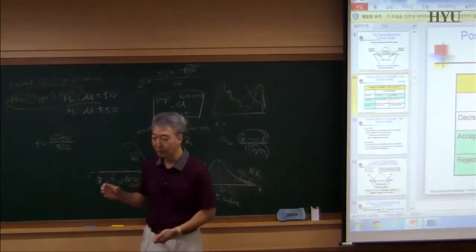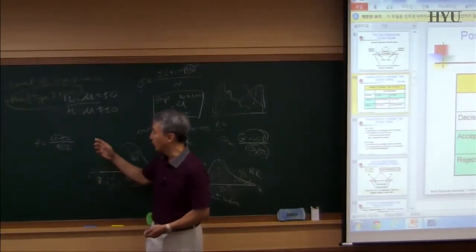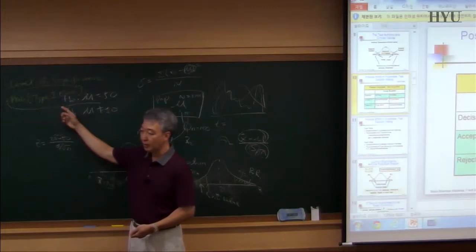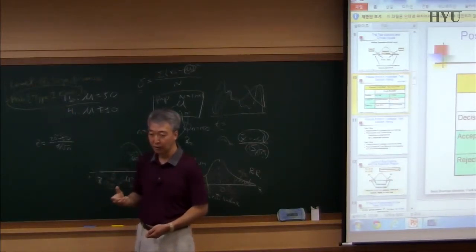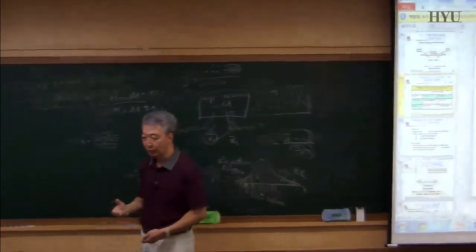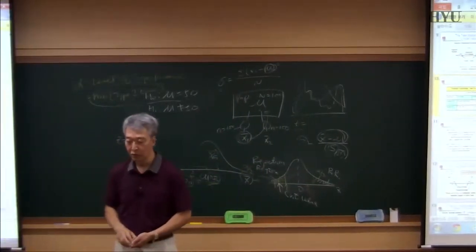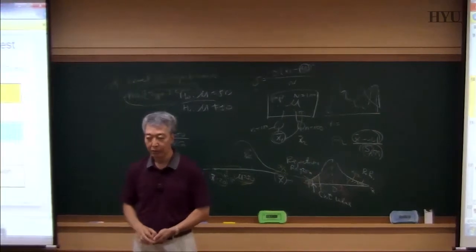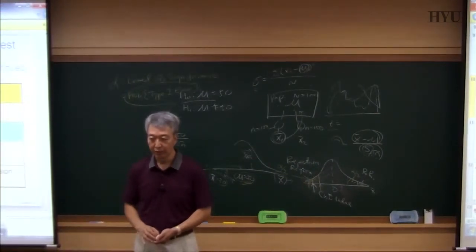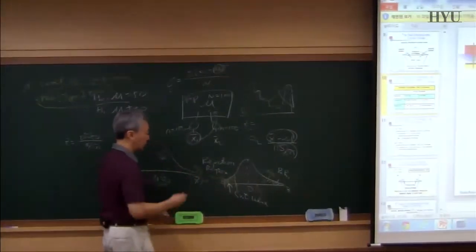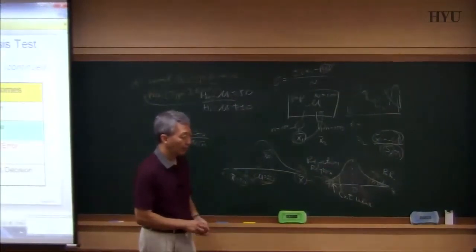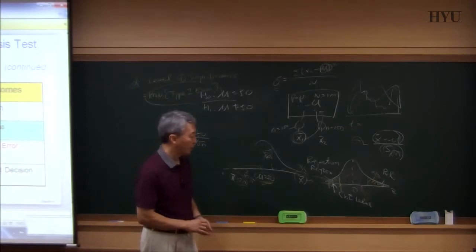As far as type 1 error goes, we took care of it by setting up the alpha value. So whenever you run the test, you know exactly how much risk of error you are taking for type 1 error, because we have set up 0.05 or whatever you want. But as far as type 2 error goes, we have no idea how much risk we are taking.